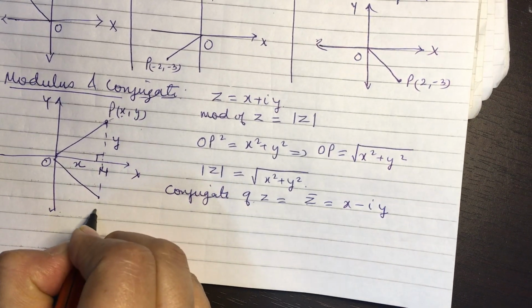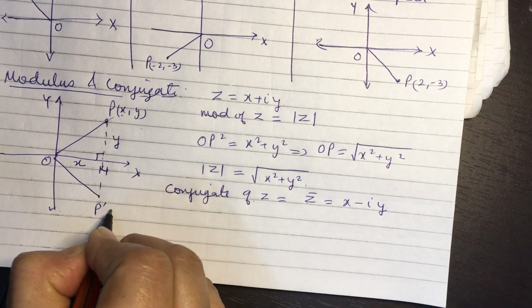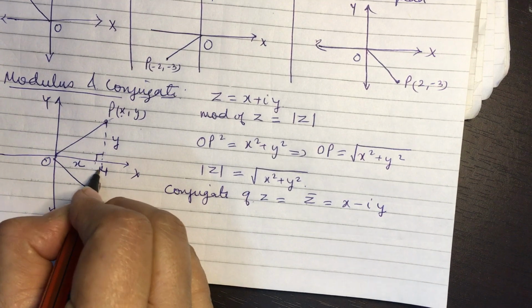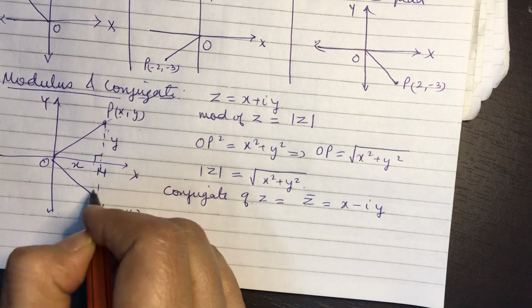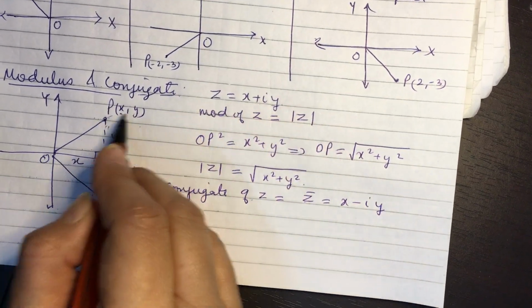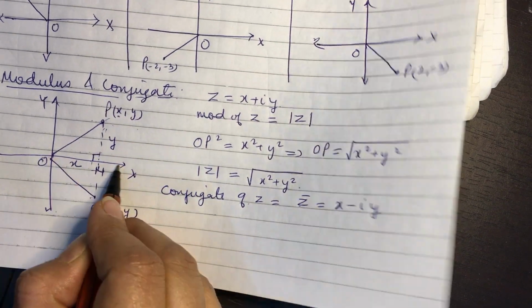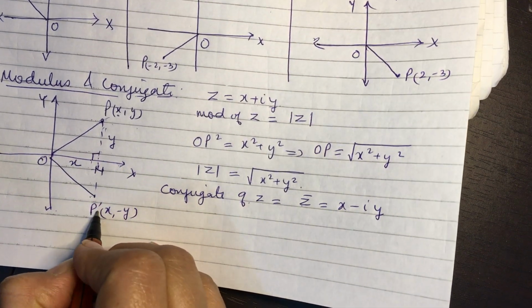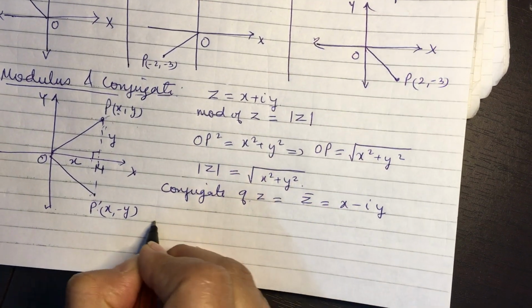This point, let's call it P dash, will be x comma minus y, and if you observe carefully, it is nothing but the mirror image of the point x plus iy, which is x comma y, about the x axis, treating this as the mirror. So, what do we conclude?